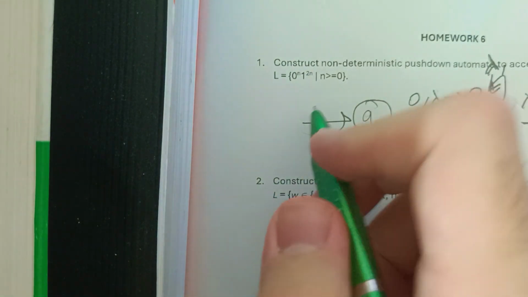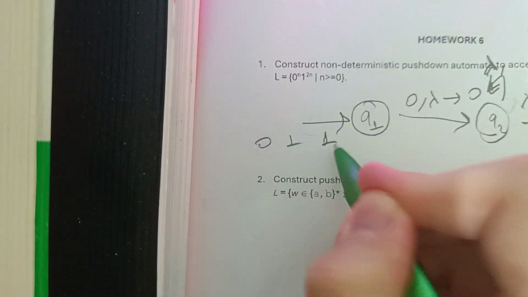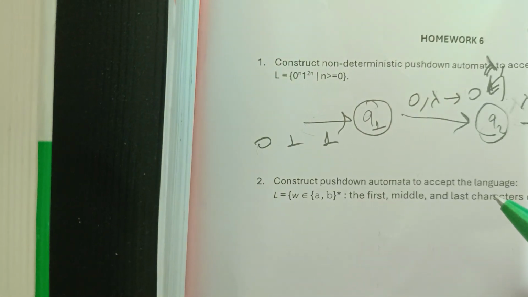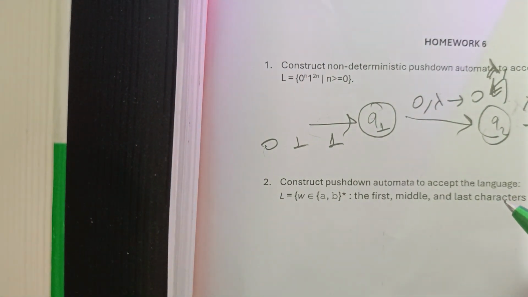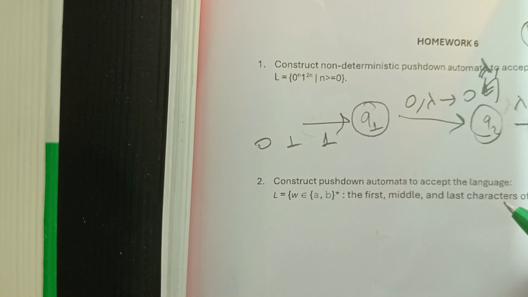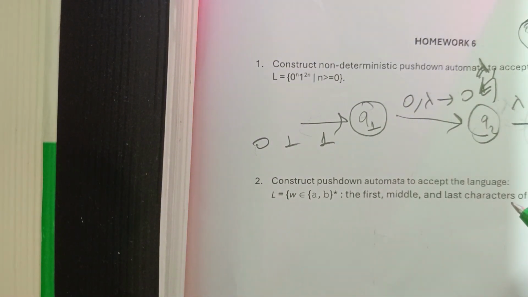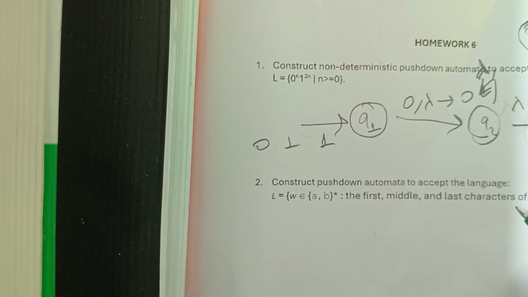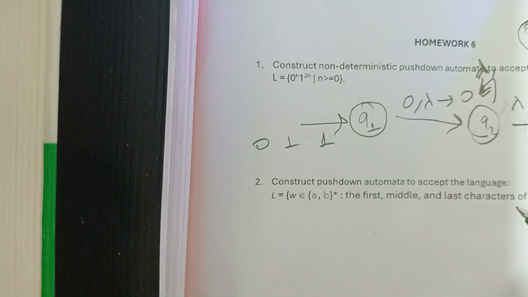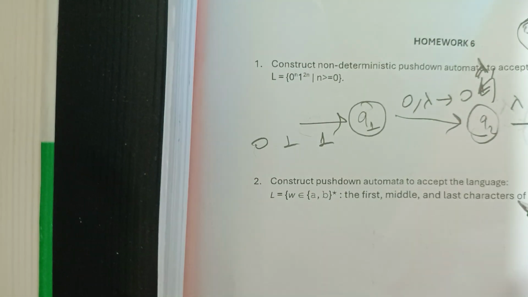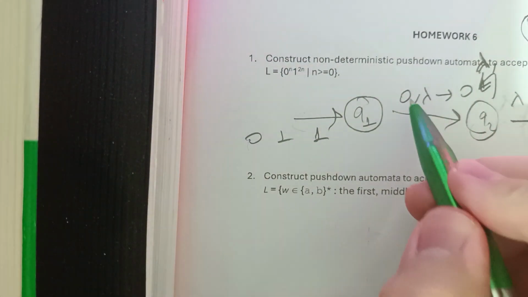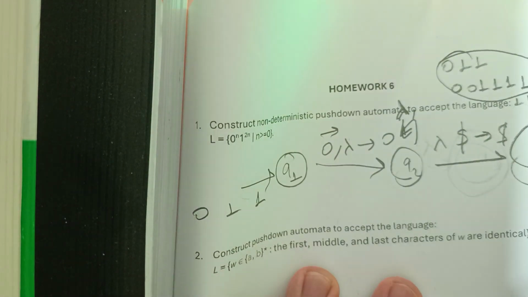Let's think about reading this language. First 0 you come here, right? You push 0 1 1. Continue with this, push 0.